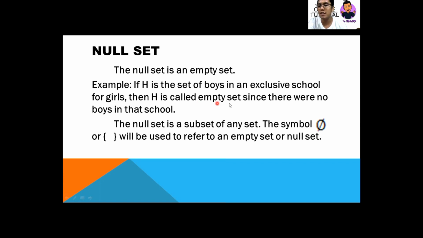Then H is called an empty set since there were no boys in that school. So this is a null set. The null set is a subset of any set. This is the symbol for a null set or empty set, and also this. It will be used to refer to an empty set or null set.